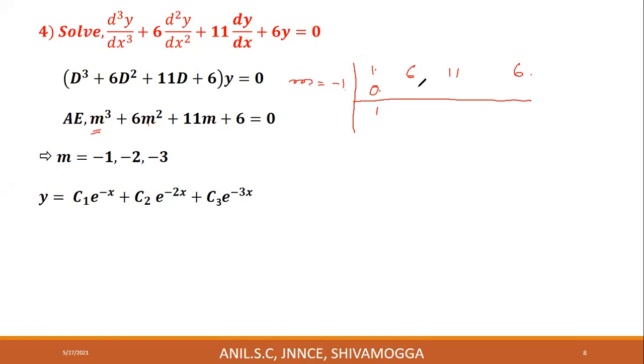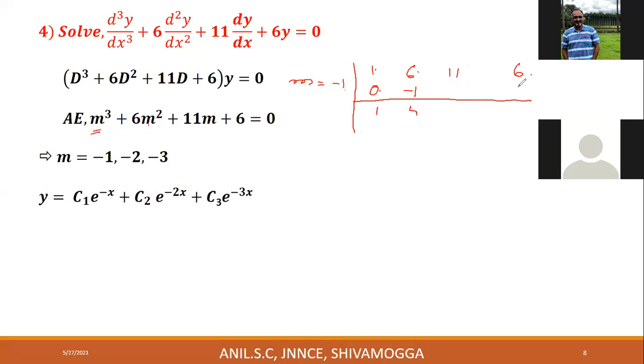Multiply these two. 1 into minus 1 is minus 1. Add these two. 6 minus 1 is 5. Multiply these two. 5 into minus 1 is minus 5. 11 minus 5 is 6. 6 into minus 1 is minus 6. Add these two. 6 minus 6 is 0. You must get 0 in that position.